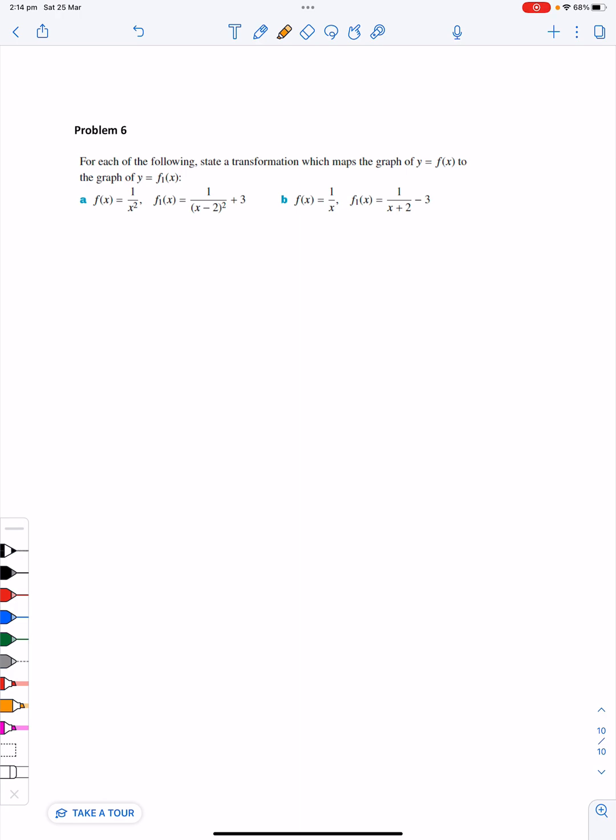It says, state the transformation which maps the graph of y equals f(x) to the graph of the given functions. In our first part, I'm going to have a look at this (x minus 2) squared, and I'm going to map the x together.